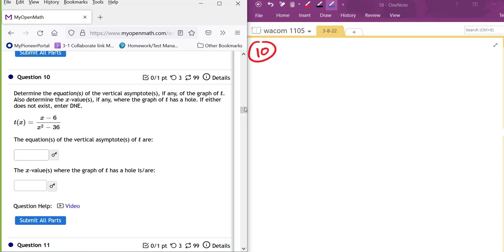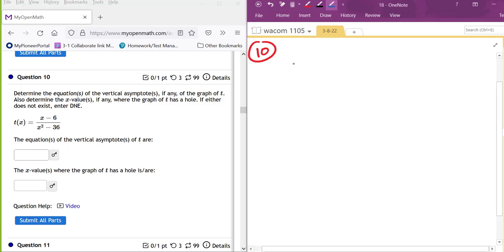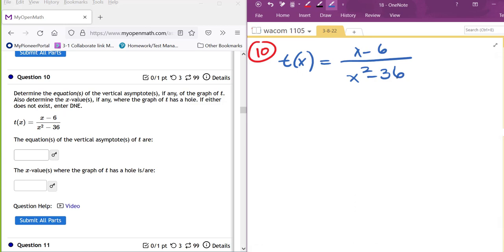All right, same kind of question. This one is also going to have a hole. So the question is asking about vertical asymptotes or holes. And so what you care about is the denominator. When is it 0? So you have to factor it.